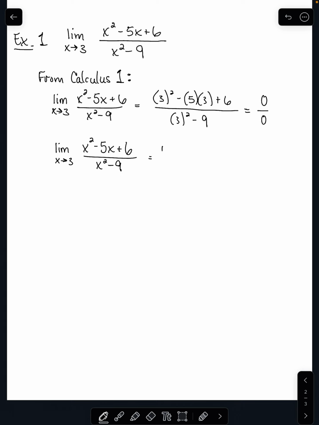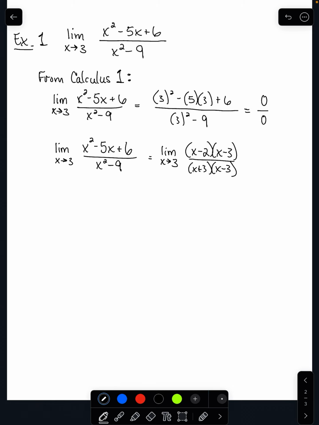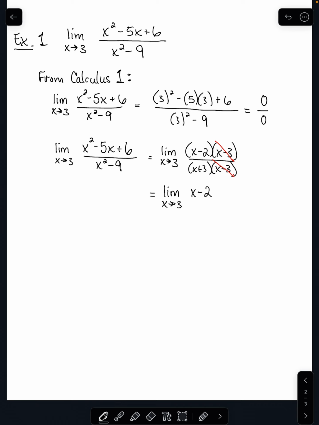And we did that by realizing, as I mentioned before, that we can factor the numerator and we can factor the denominator. And if they share a common factor, we can simplify it out, thus producing a new expression that is equivalent to the original expression everywhere except at x equals 3.